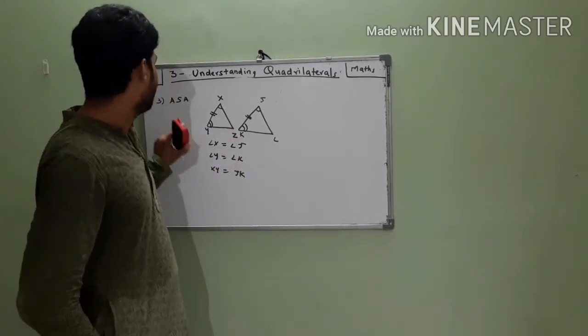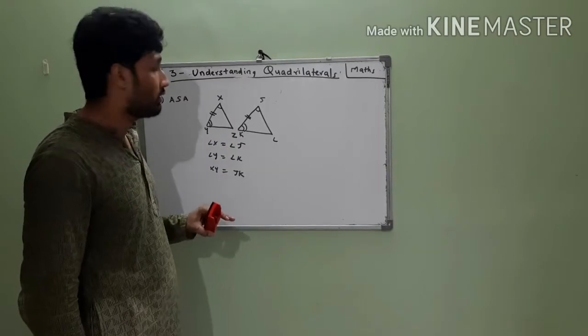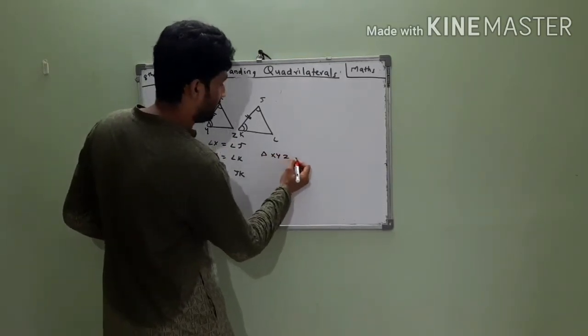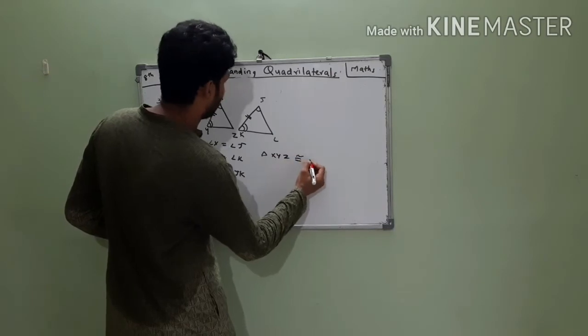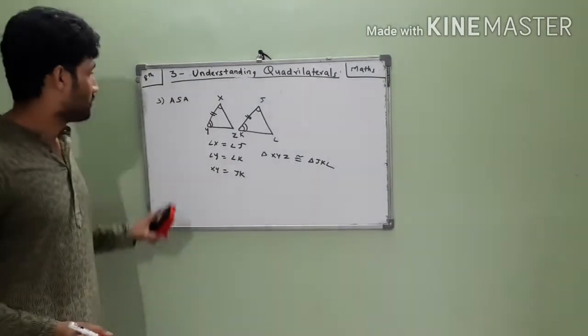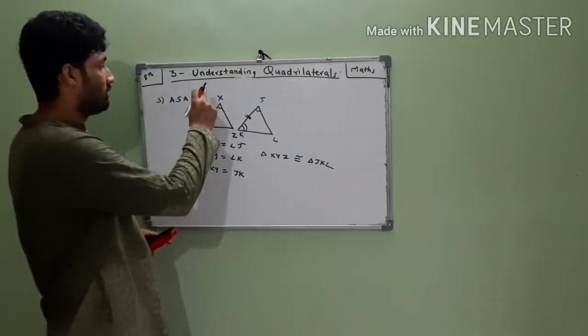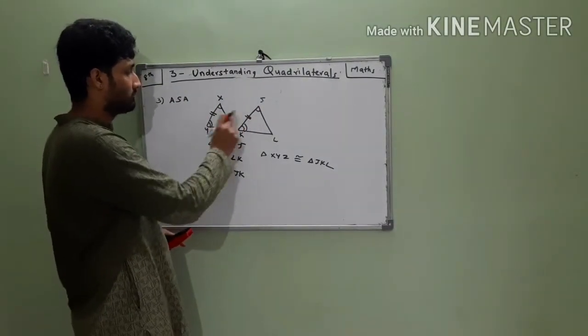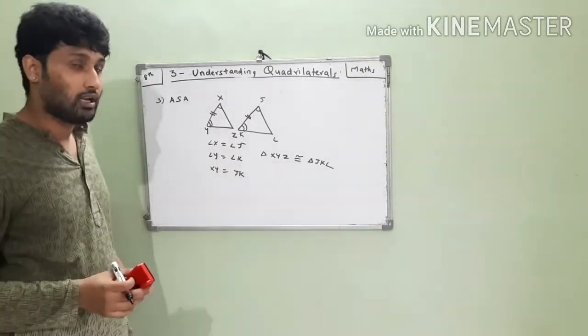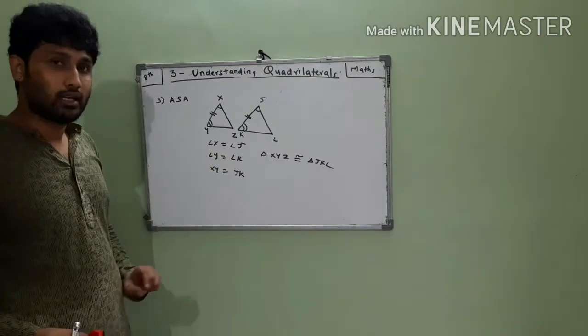So using the angle side angle postulate, I can say triangle XYZ is congruent to triangle JKL. So angle side angle has two angles and the included side equal with each other. This is how you can say that these triangles are congruent.